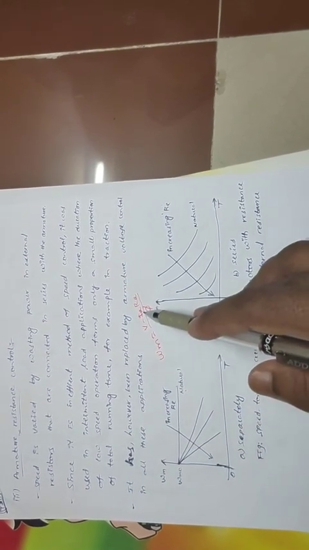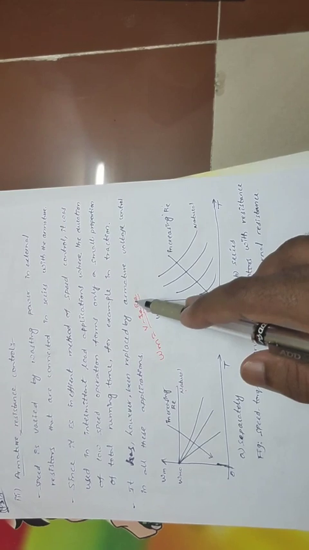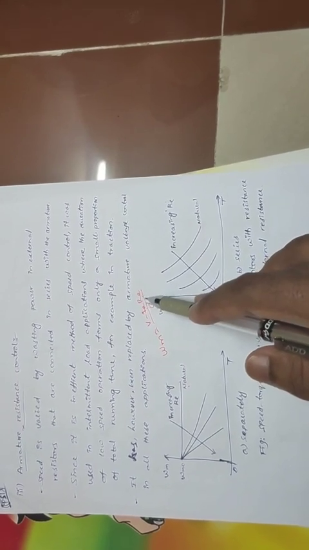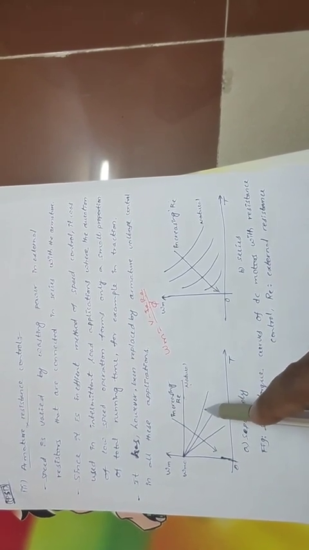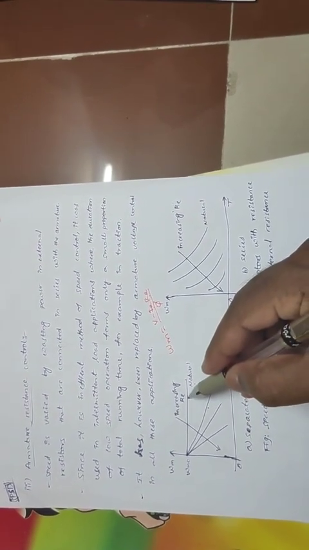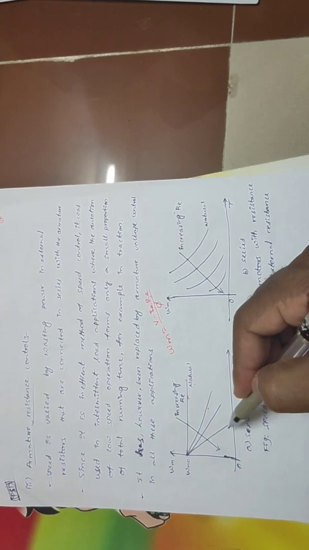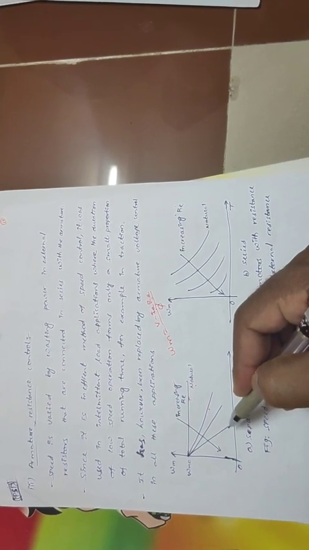But if you consider the armature resistance and control it, as you increase the armature resistance, the gap between the natural characteristics and the new characteristics will be more. So as you increase the armature resistance, these characteristics will shift downward like this.